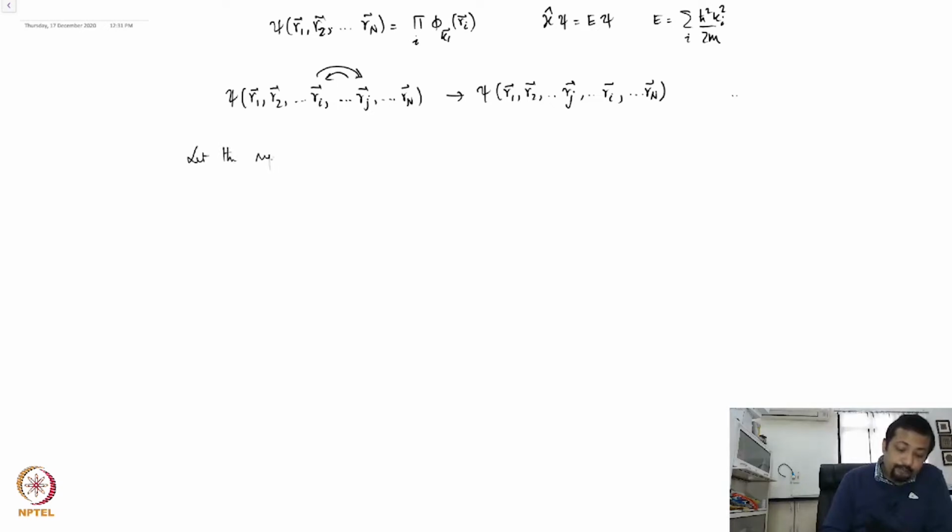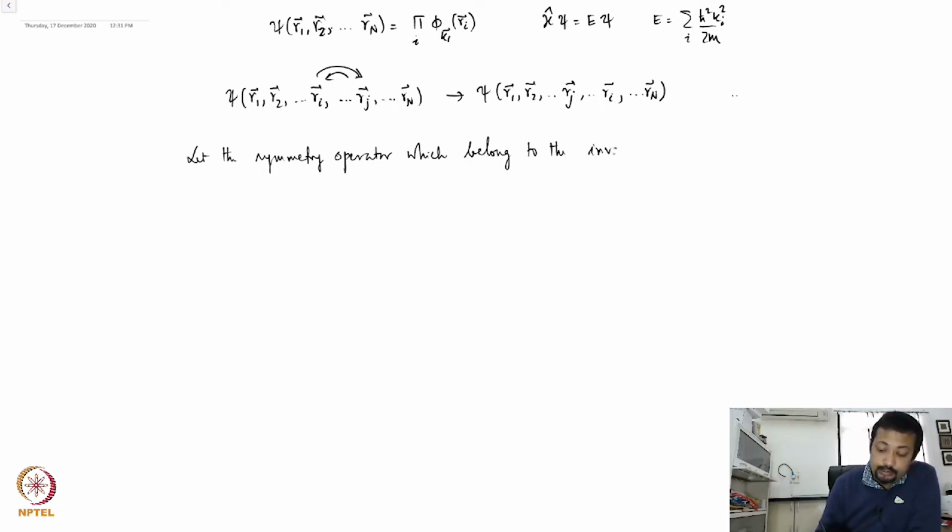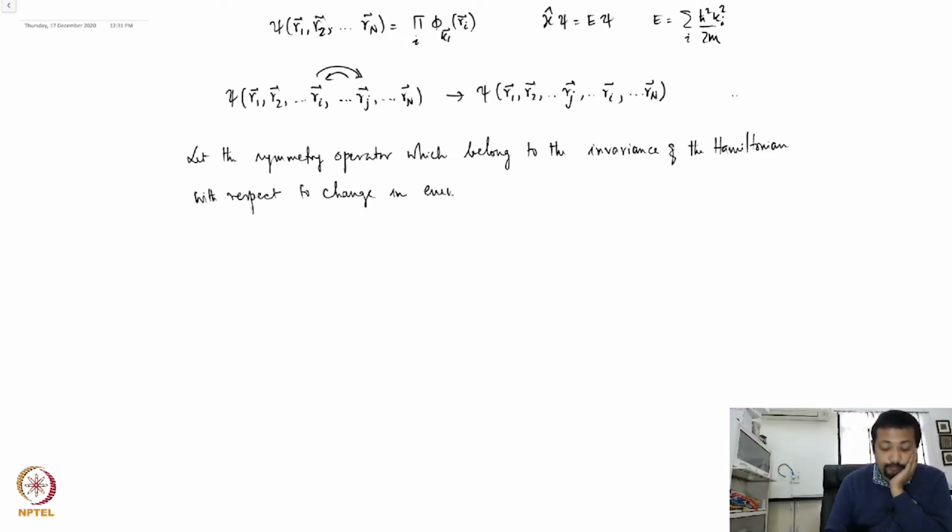So let the symmetry operator, which commutes with the Hamiltonian and essentially belongs to the invariance of the Hamiltonian with respect to change in enumeration of particle indices, be p hat ij.